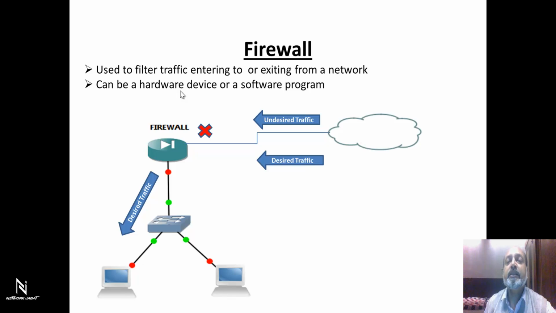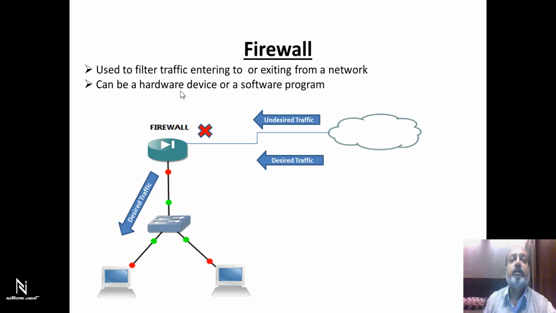But in the general case, we use these types of firewalls like Cisco ASA, FortiGate, Palo Alto to provide perimeter security. That is, they will be protecting the entire network, not only a particular server or host. In many cases they even provide protection for different networks, depending upon how many interfaces they have and how many networks they can connect to, right?